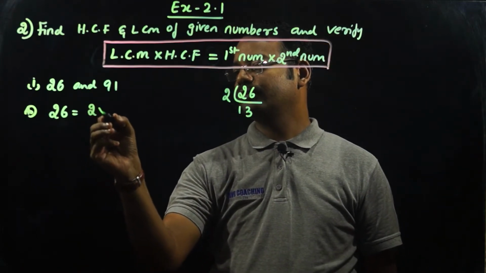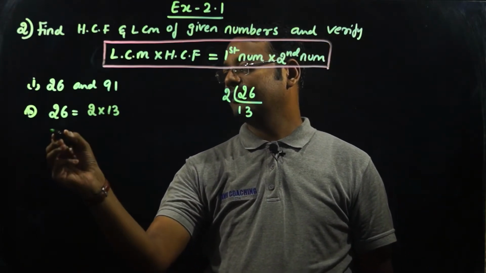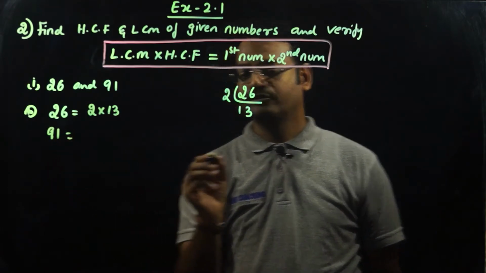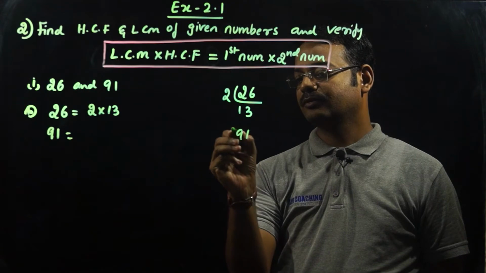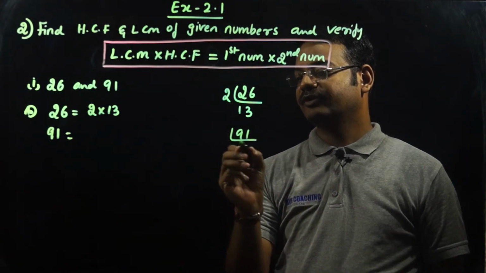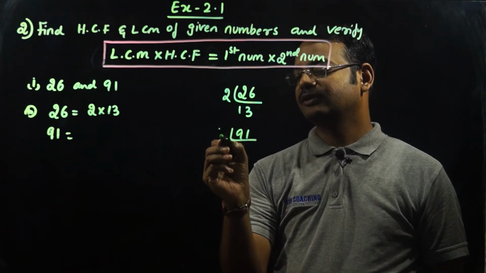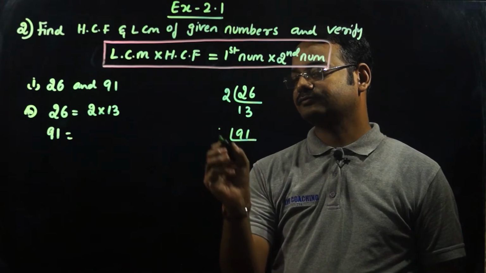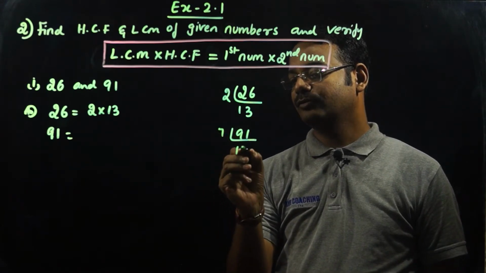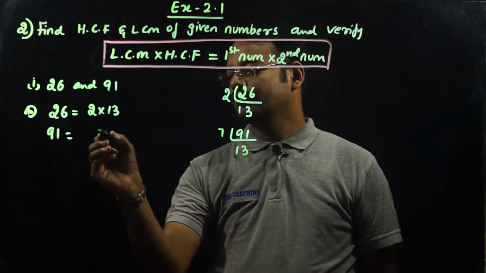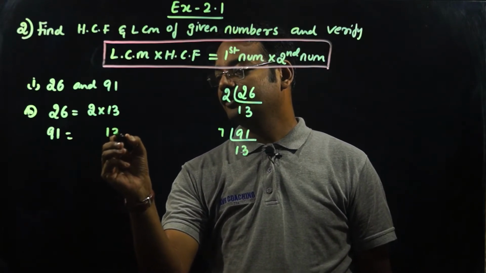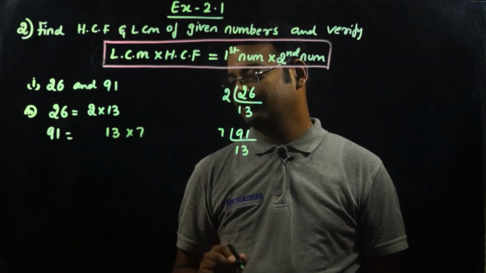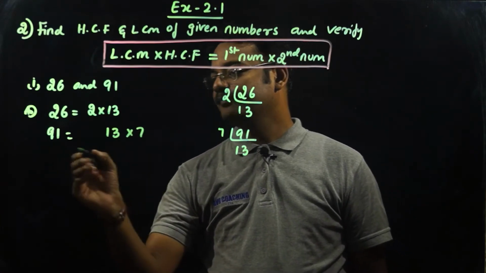Next 91. Prime factors of 91 are 7 into 13. So we'll write 13 only under 13 and 7 we'll write on a different side.